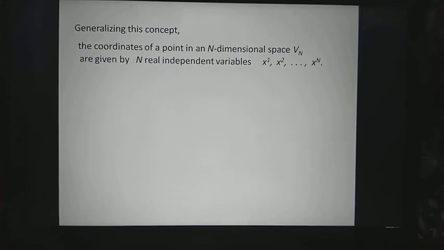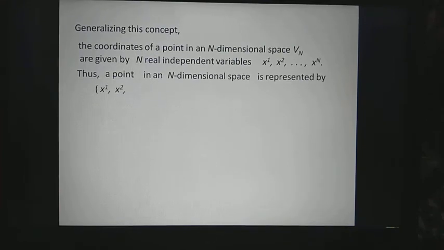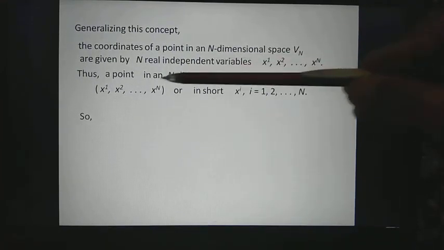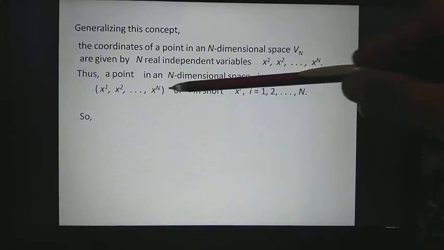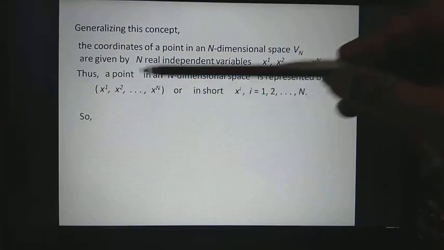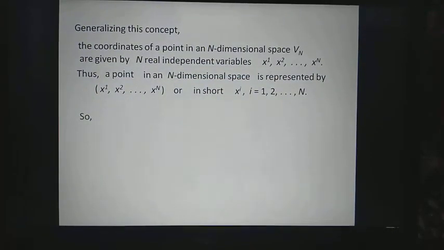Thus, a point in an n-dimensional space is represented by an ordered n-tuple x1, x2 up to xn, or in short, xi, i equals 1 to n. So, in n-dimensional space, the point is represented by these n independent quantities, which are called variables.